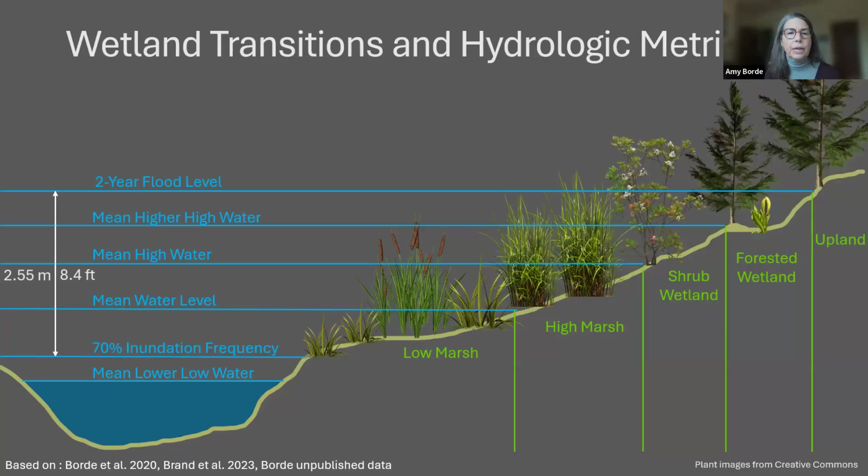As we move up the elevation gradient from low marsh to high marsh to shrub wetland, up into forested wetlands such as Sitka spruce swamps, that's all based on how the water level interacts with the different elevations, and those are the plant communities that establish within those different zones. This is important to help inform restoration. We want to understand what plant communities we can expect, or even create our designs to ensure that we're going to get the plant communities that we are targeting.